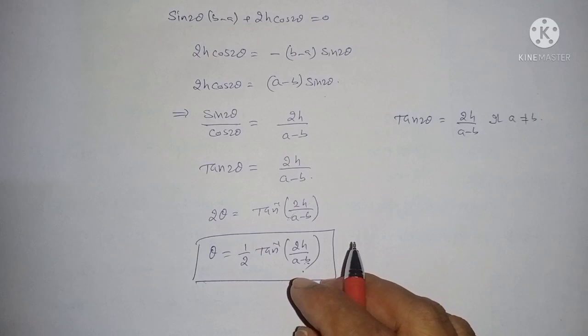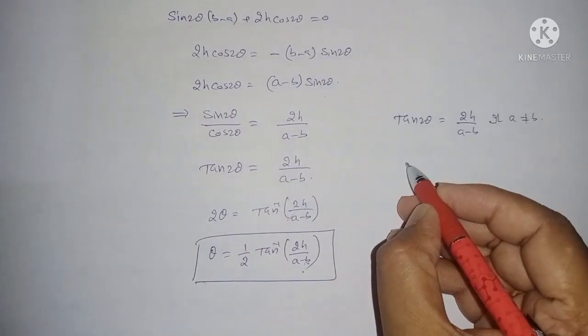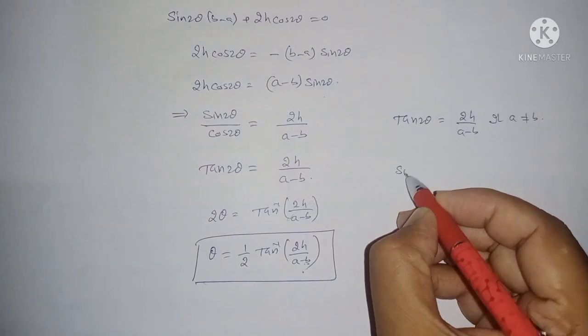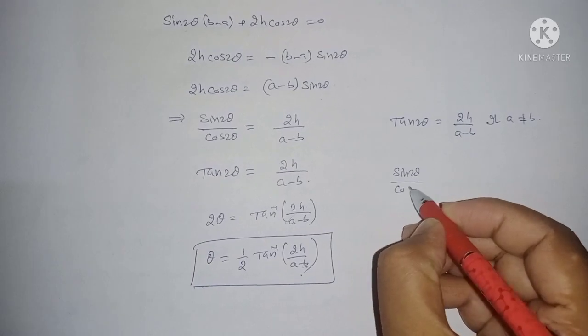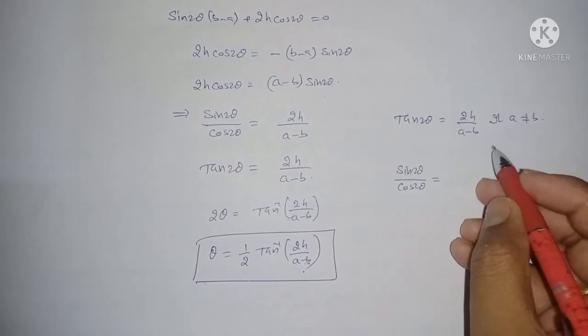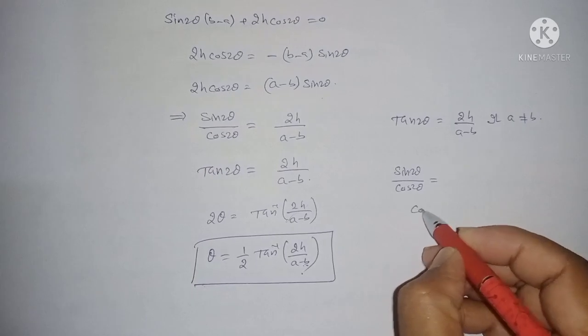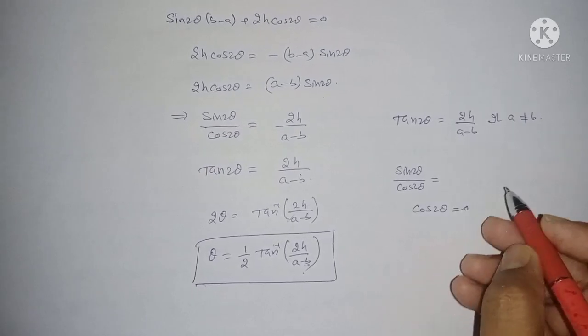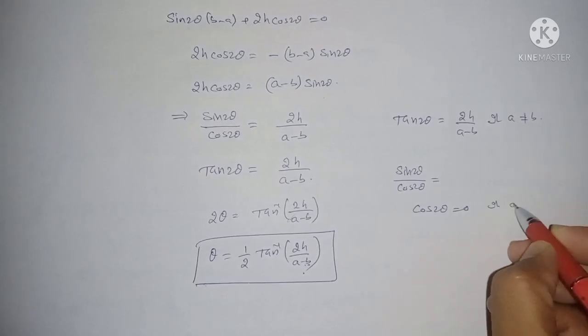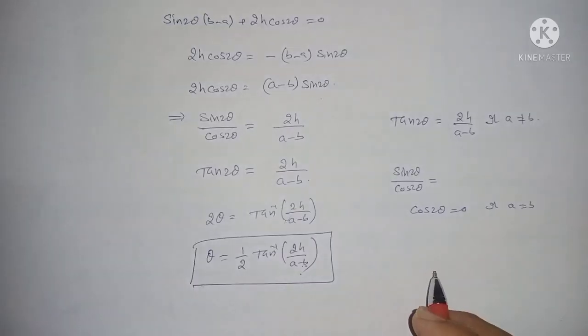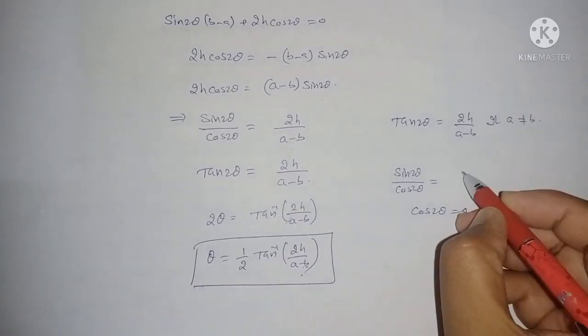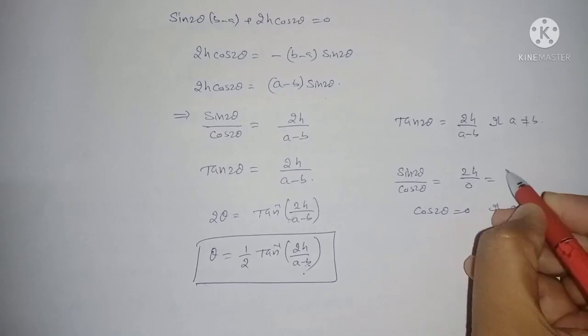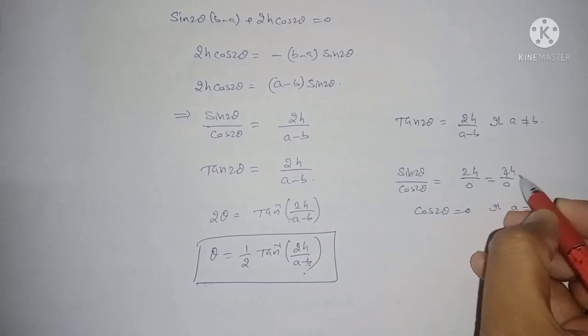If a is not equal to b, this is sin 2 theta by cos 2 theta. Cos 2 theta is getting 0 when a is equal to b. If a is equal to b, therefore that is 2h by 0.